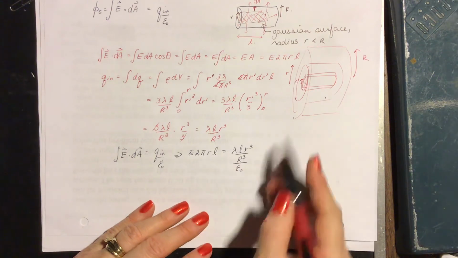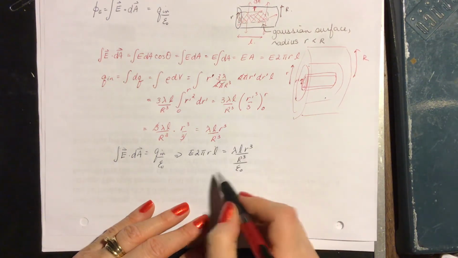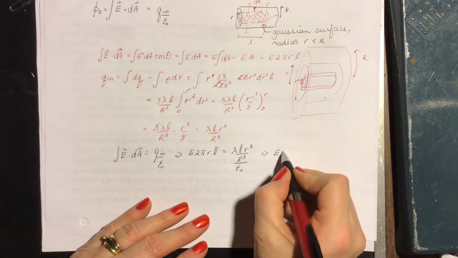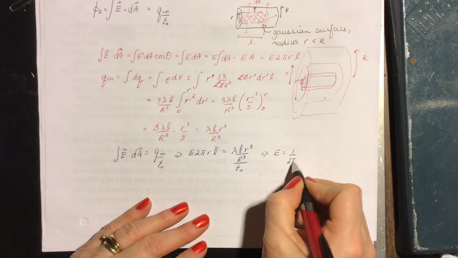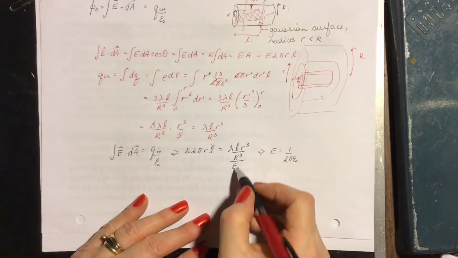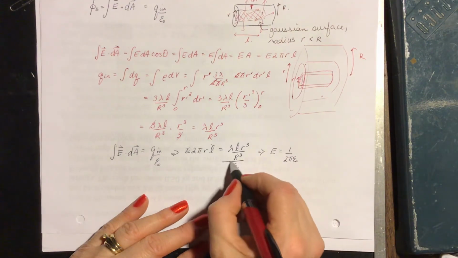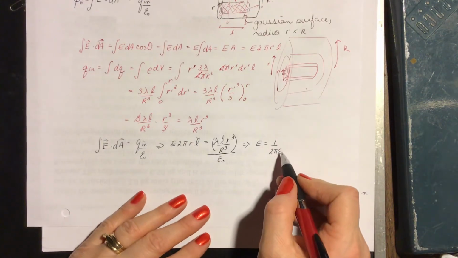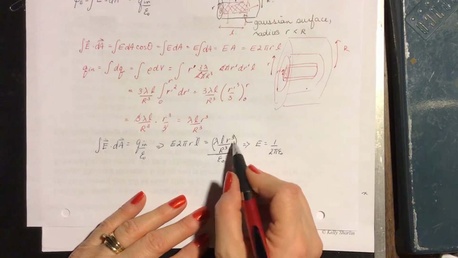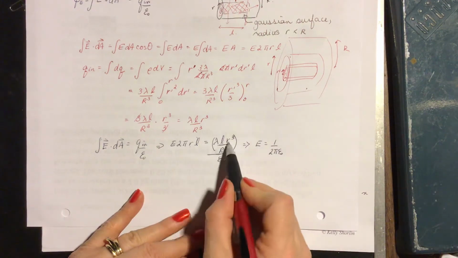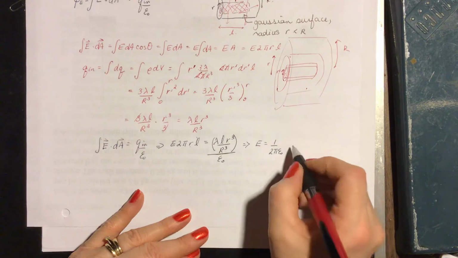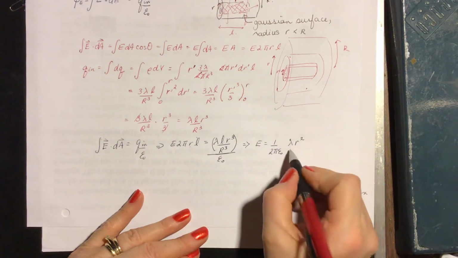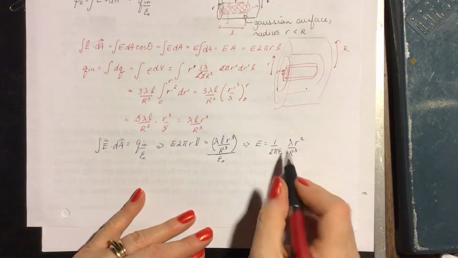We see that those L's will cancel. So we get E equals 1 over 2 pi epsilon naught times lambda times r squared. We have an r here and r cubed here, so r cubed over r gives us r squared. And then we also have our R cubed on the bottom. So there's the magnitude of the electric field.